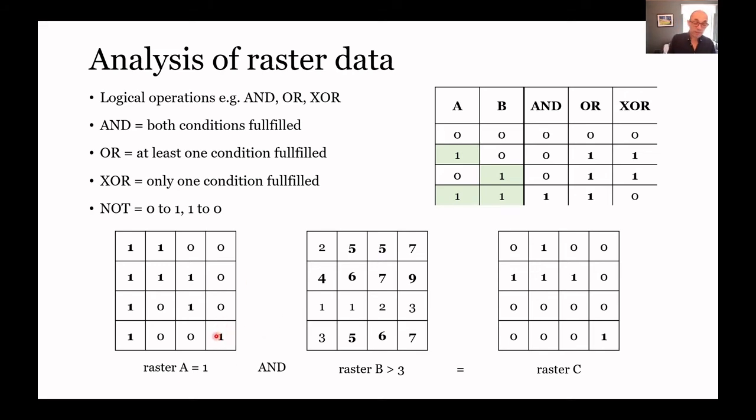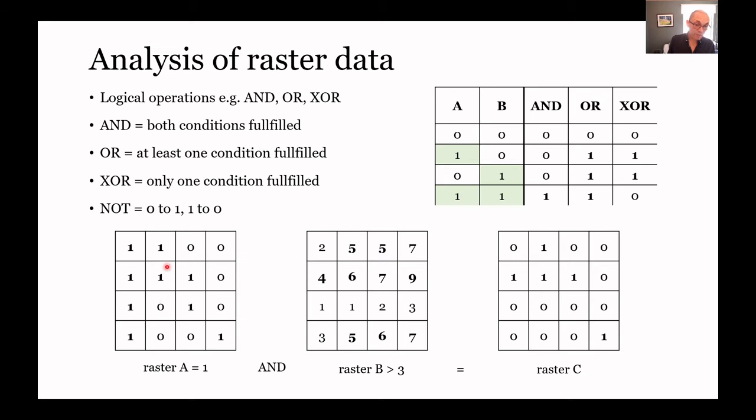Doesn't have to be, it could be something else entirely, but we can set a condition here, raster A is equal to 1 and raster B is greater than 3. Where both of those conditions are fulfilled, we get a true value, so we get the 1. This kind of eradicates the information in the B here, in this version that I'm doing, just simply as an example, and we get those areas where both of these conditions are true.